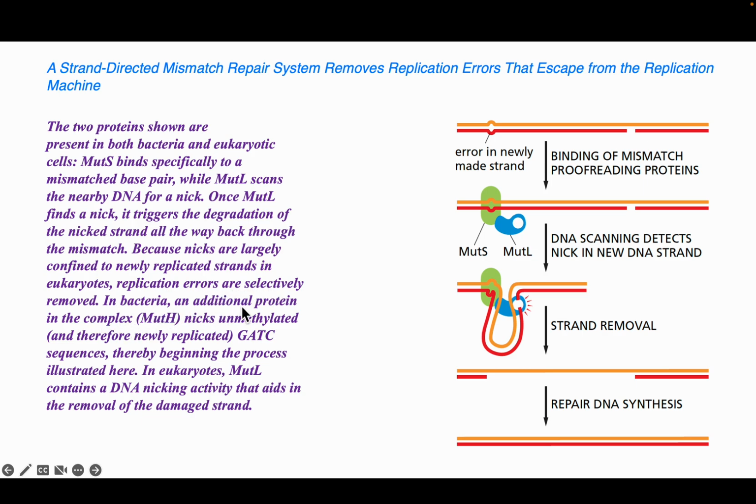In bacteria, an additional protein in the complex, MutH, nicks unmethylated and therefore newly replicated GATC sequences, thereby beginning the process here, and then eventually the repair DNA synthesis will be started.